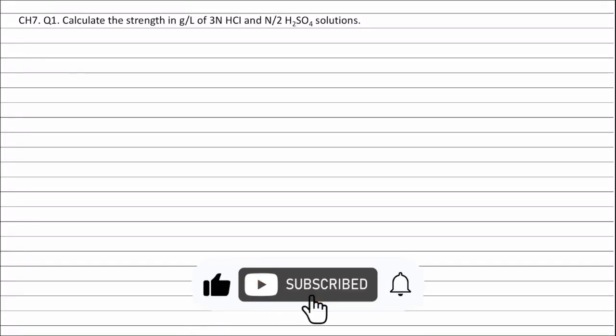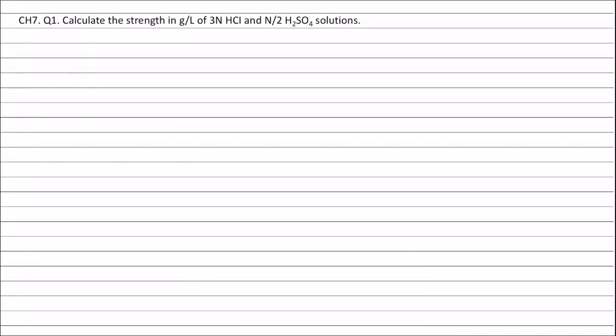Chapter 7, Question 1. Calculate the strength in grams per liter of 3N HCl and N/2 H2SO4 solutions. Strength of solution can be written as normality into equivalent weight.